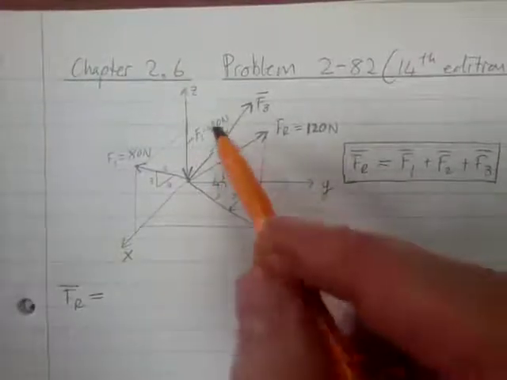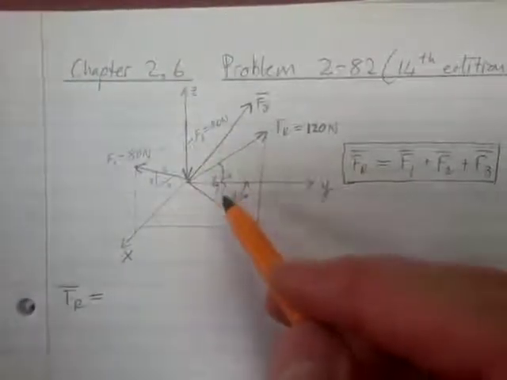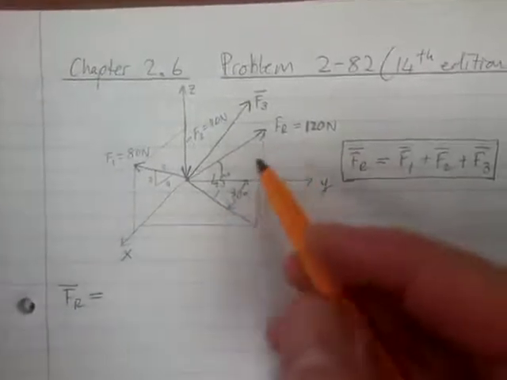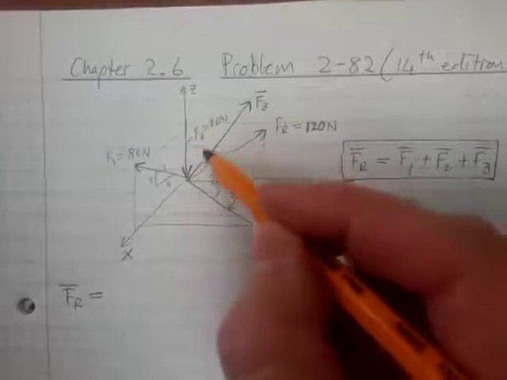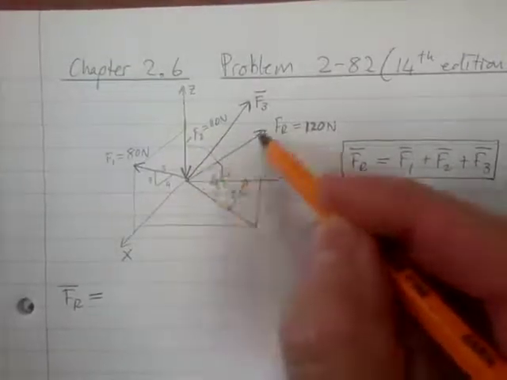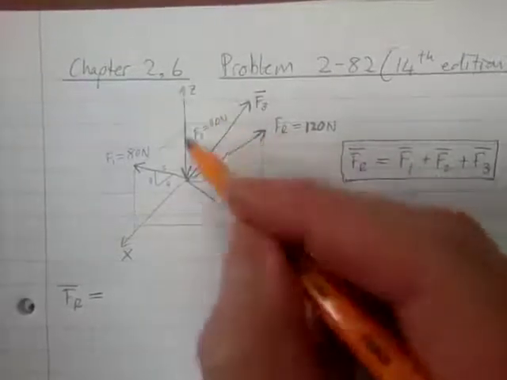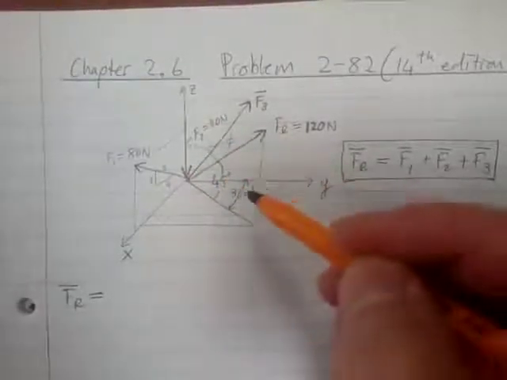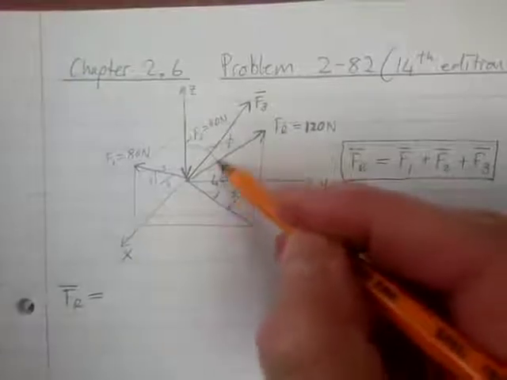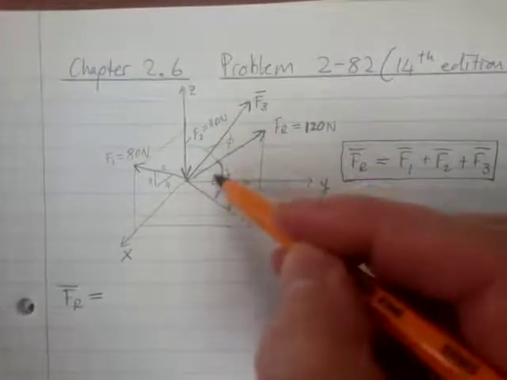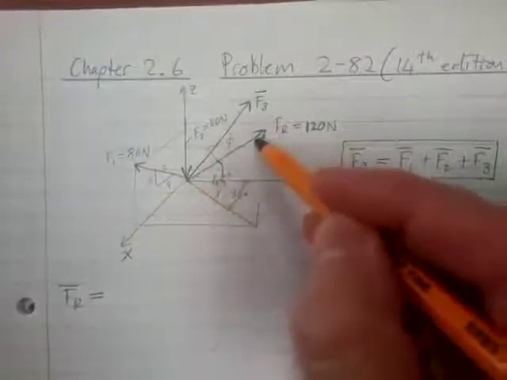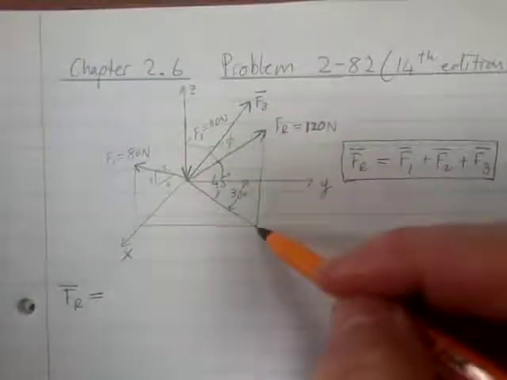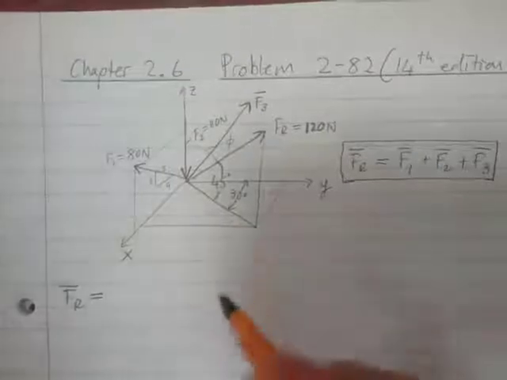The angle between that vector and the positive z-axis is the azimuth angle, phi, but they've given us the complementary angle, 45 degrees. This 45 degrees is the angle between the force Fr and the xy plane.